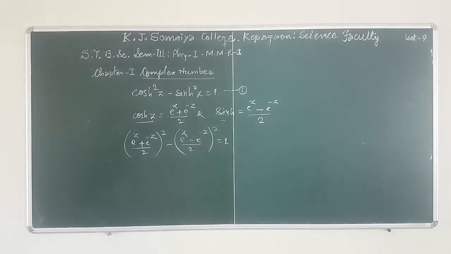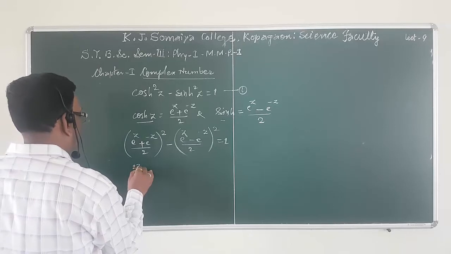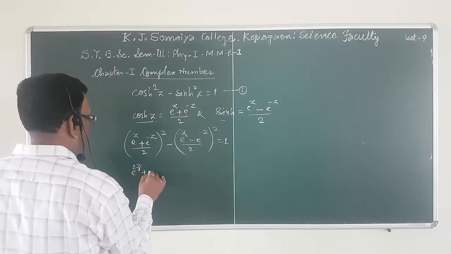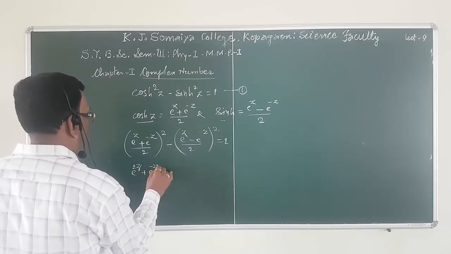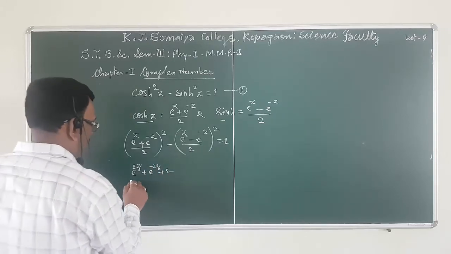Then simplify this: e raised to 2z plus e raised to minus 2z plus 2, upon 4.